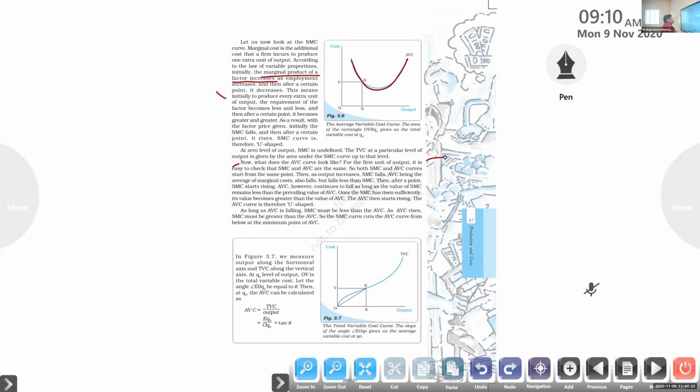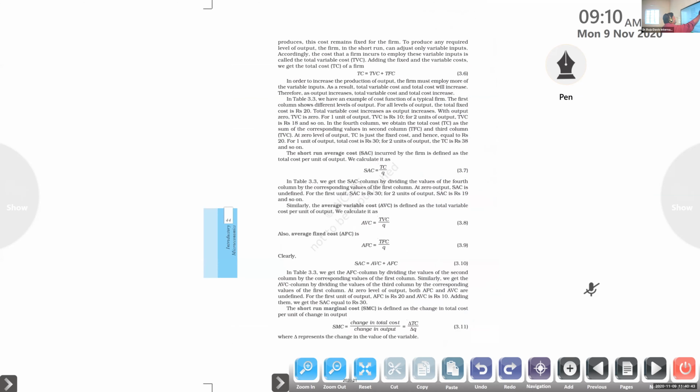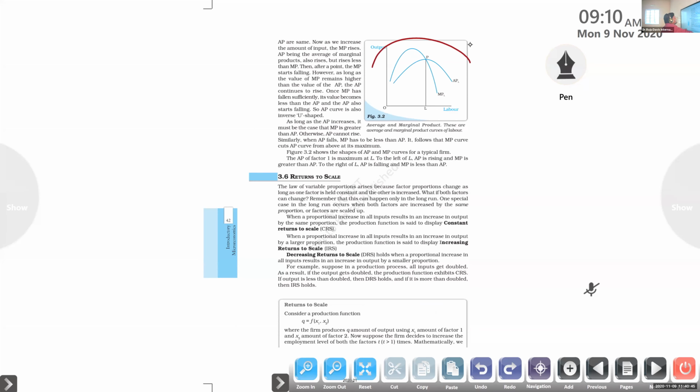Then as output increases, SMC falls. Output increasing, short run marginal cost will fall. Average variable cost, being the average of marginal cost, also falls, but falls less than the SMC. We already discussed that figure, average product and marginal product.